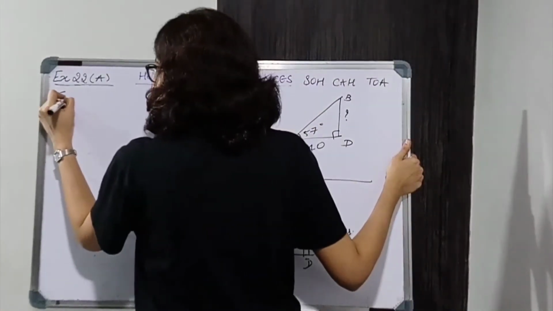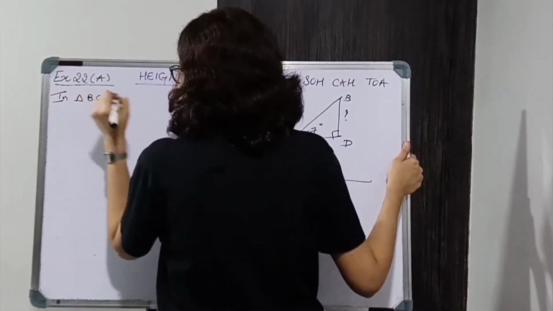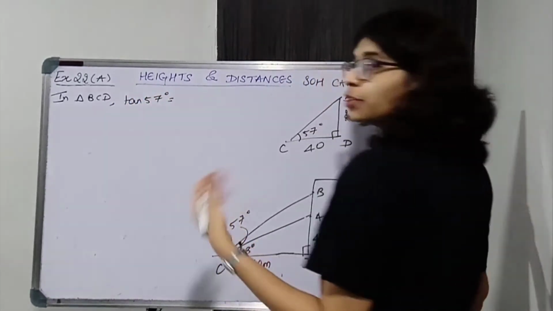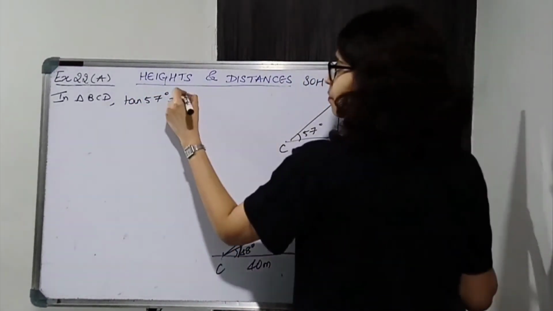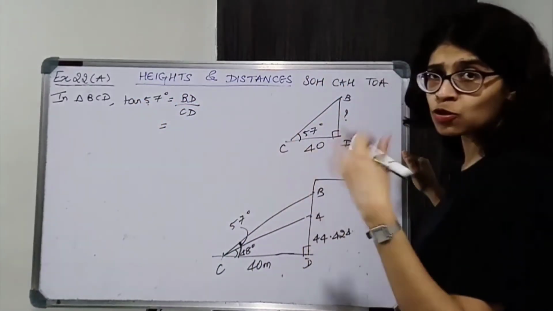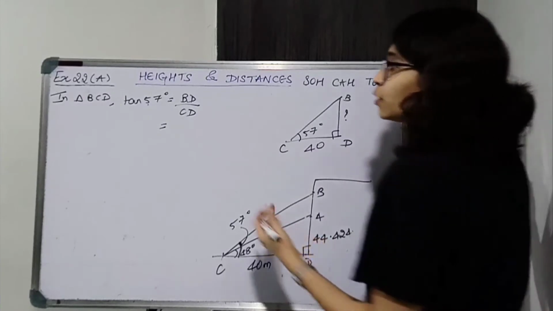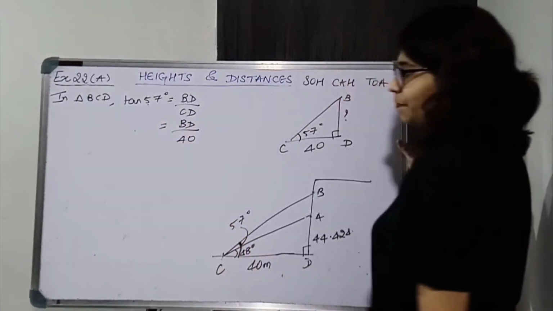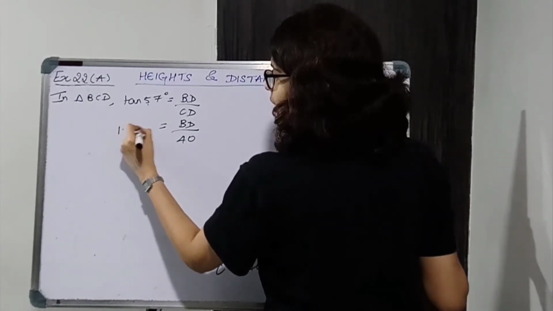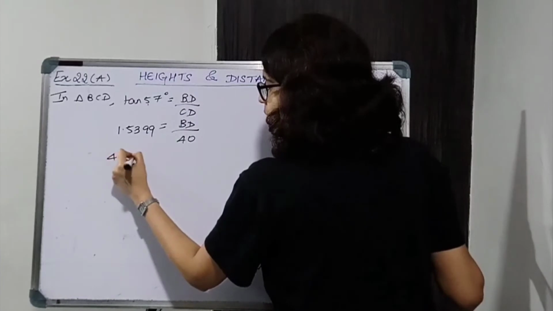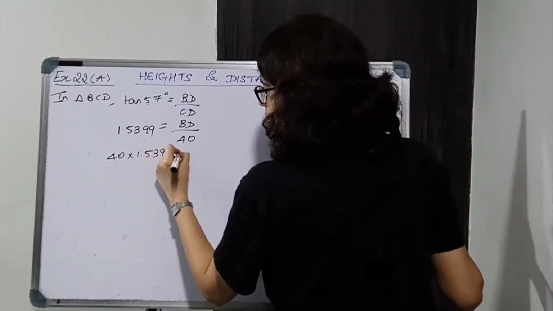So in triangle BCD, tan 57 is equal to opposite upon adjacent. Opposite is BD. Adjacent is CD. This you will get from the table, natural tangents ka table. So find the value. CD is 40. This is 1.5399. We'll shift 40, so 40 into 1.5399 is equal to BD.